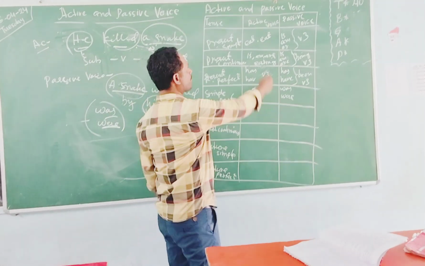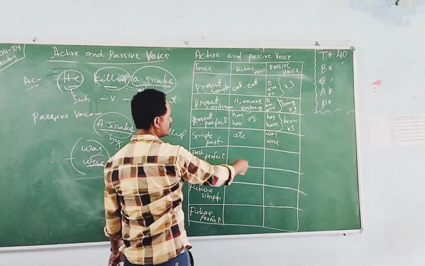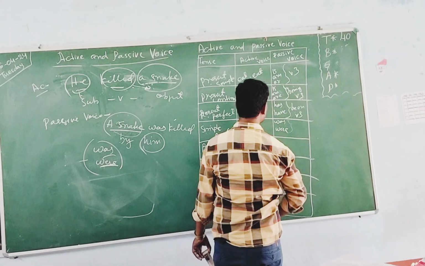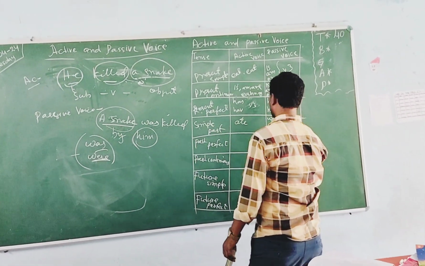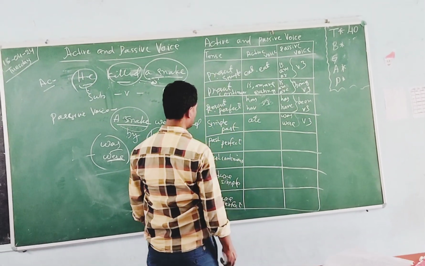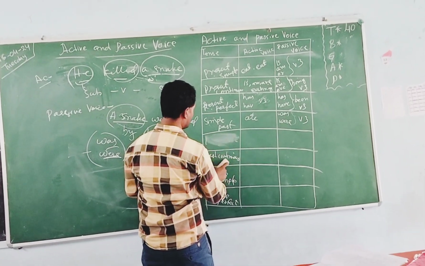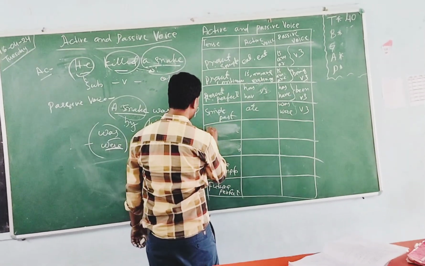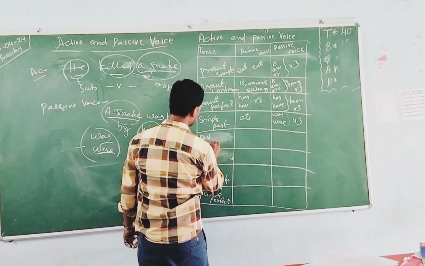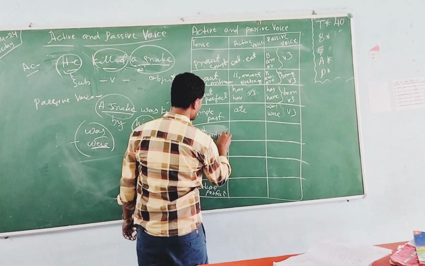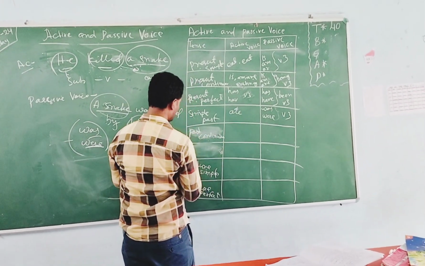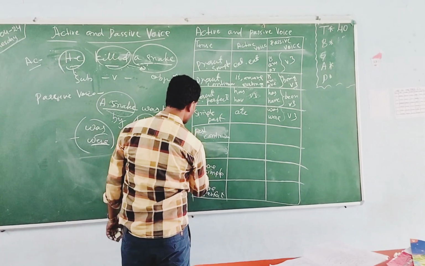So that's the passive rules, this is active. So what will be here? Was, verb 3. Past continuous, past perfect.